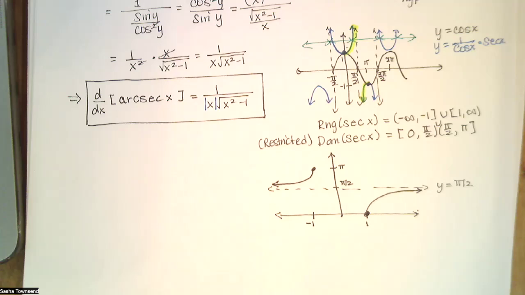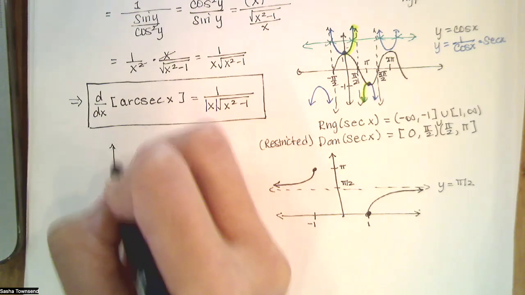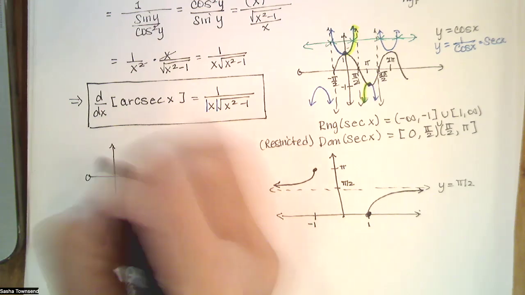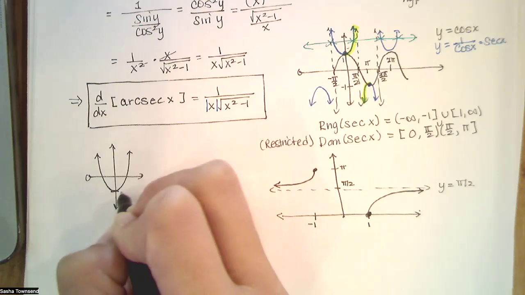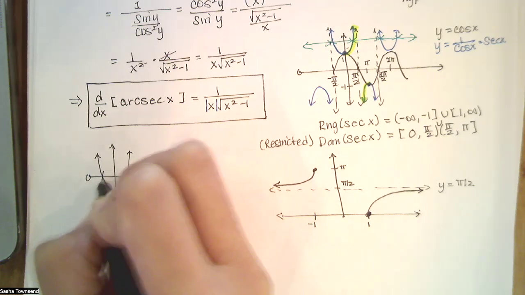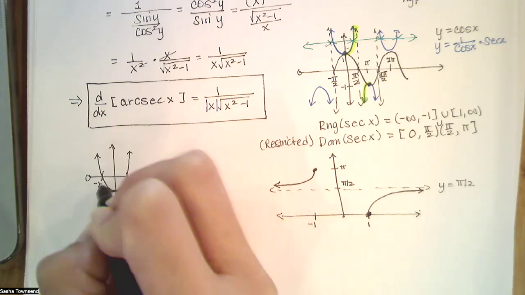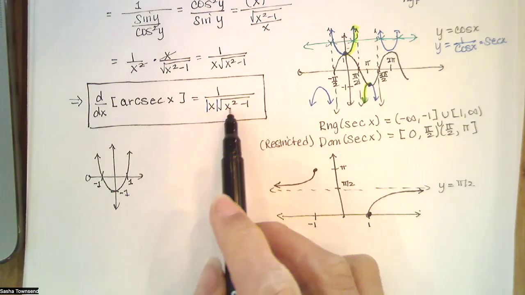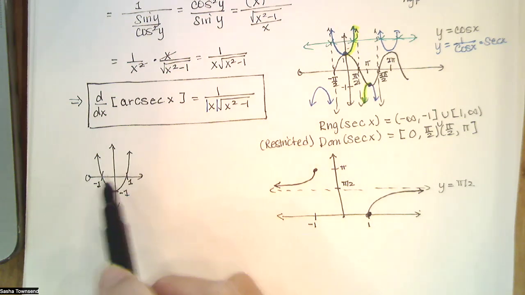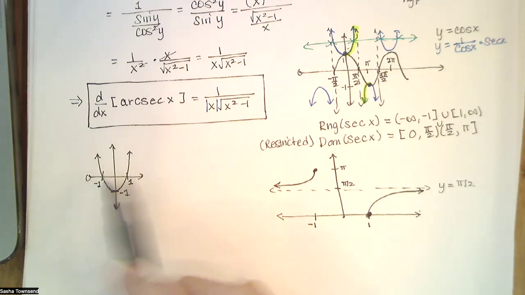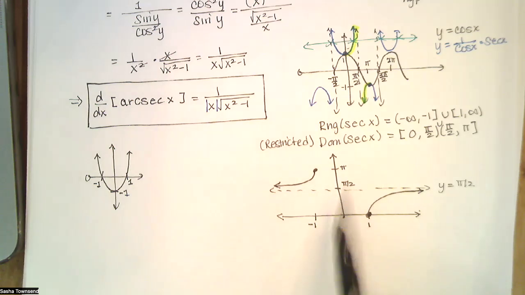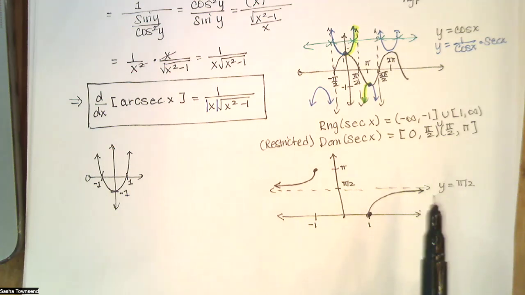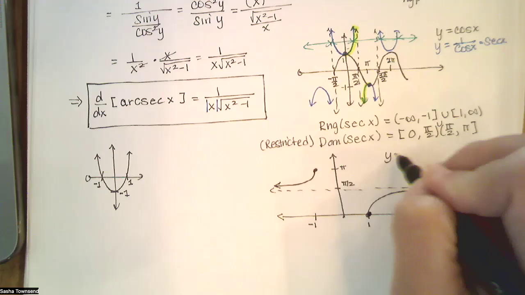Now, a few things. If you look at the graph of x squared minus 1, that's just a parabola shifted down 1 unit. So we can't actually take the square root of x squared minus 1 unless we're on the interval from -infinity to -1 or on the interval from 1 to infinity, which is fine because that's not part of the domain of the inverse secant or arcsecant function anyway.